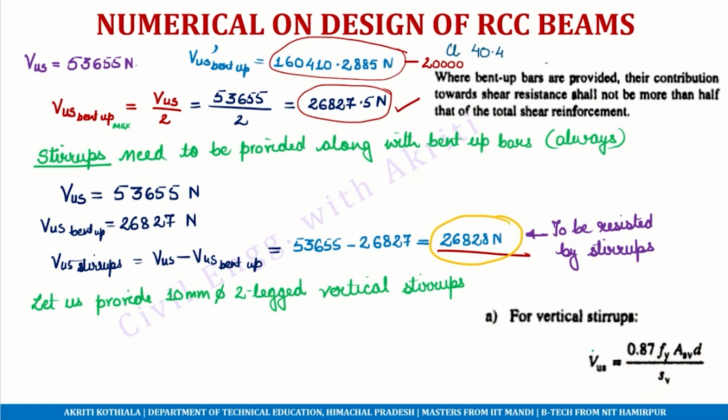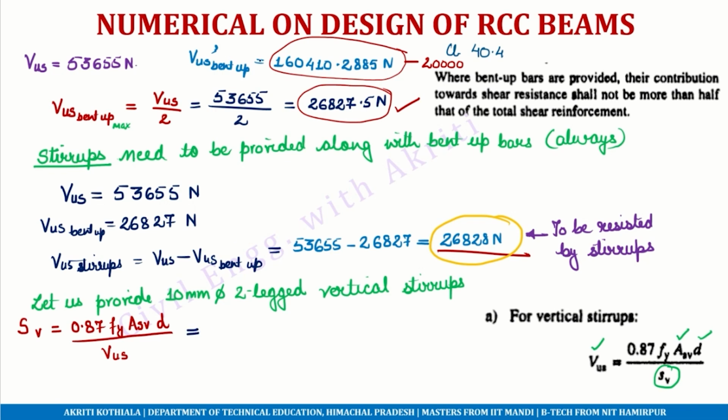If we look at this formula, we know the shear force which we have to resist using the vertical stirrups. We can calculate ASV corresponding to 10 mm diameter bars. D is the effective depth. So what we don't know is SV. Arranging this formula, we obtain SV equal to 0.87 Fy ASV D upon VUS.